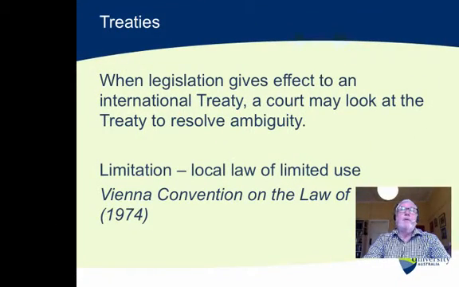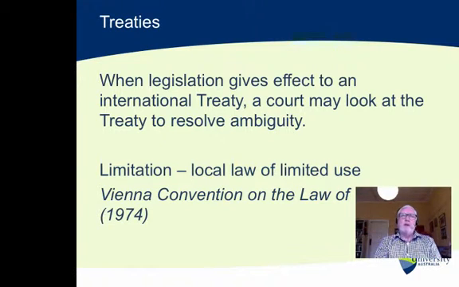The interesting thing about treaties is the limitation on their use. So the textbook authors are suggesting to you that when legislation gives effect to an international treaty, so you've got an act which brings in a treaty, the court can look at the treaty to resolve any ambiguity in the legislation, but there are some limitations to it, because remember, often these treaties are enacted overseas under different jurisdictions.